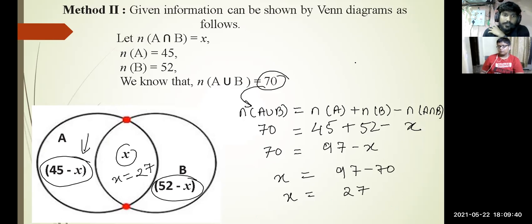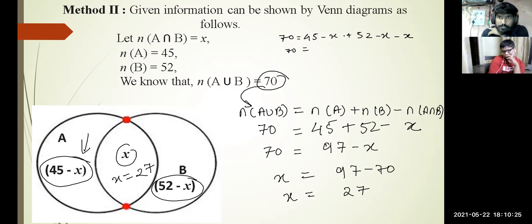Okay. So that's it in this sum. Actually, this first method and second method are almost the same.